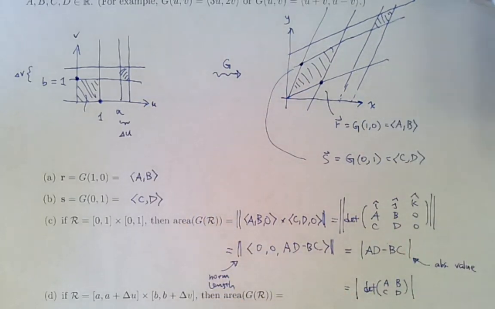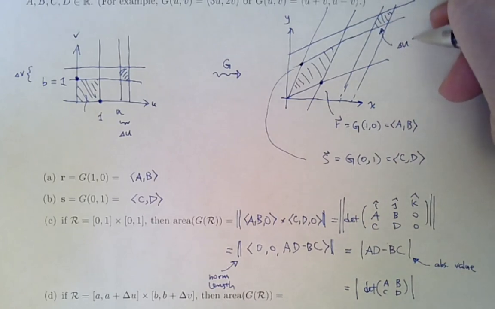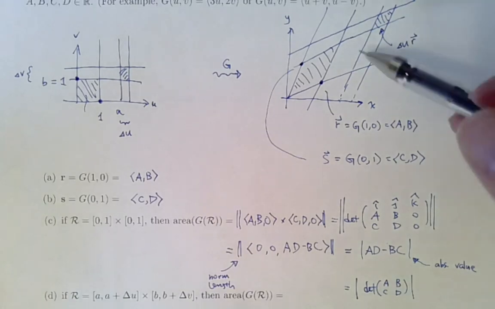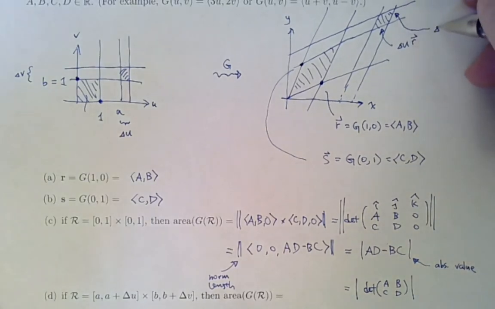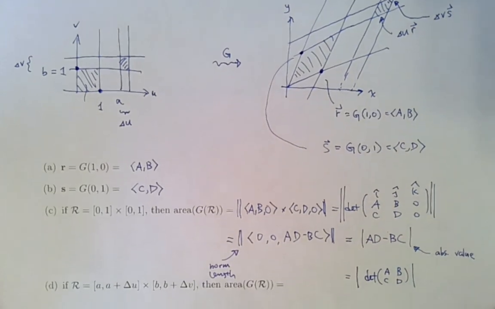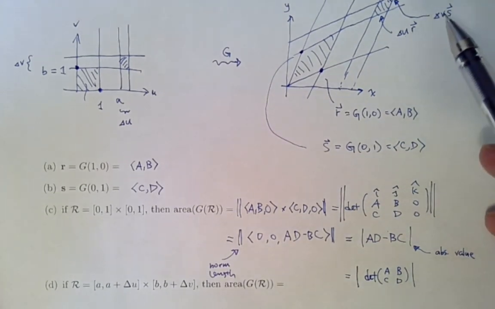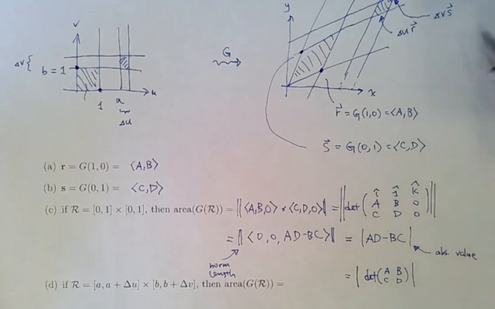And so this vector here is delta u times r, shifted, of course, but the length is that. And this vector there is delta v times s. So then if we take the cross product, we'll simply get delta u times delta v times r cross s.